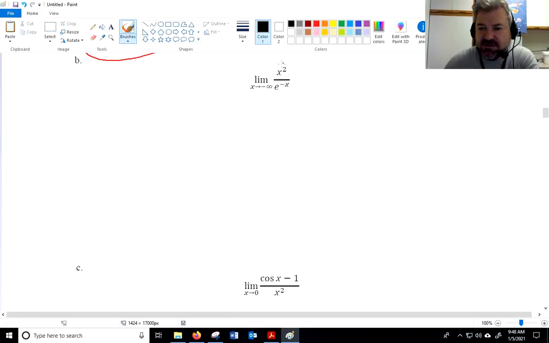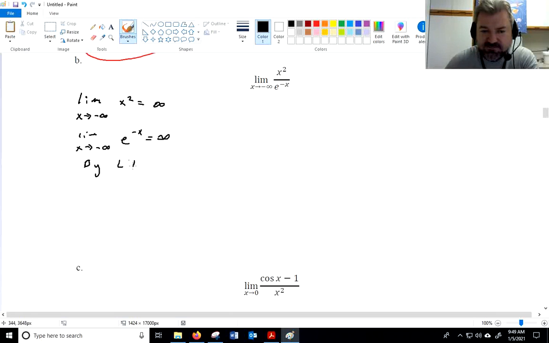Okay, if I were to plug in negative infinity here, negative infinity squared is just infinity. E to the negative infinity becomes e to the positive infinity, which is also infinity. So let's establish the conditions for L'Hopital's: the limit as x approaches some value of the numerator is infinity, and the limit as x approaches some value of the denominator is also infinity.